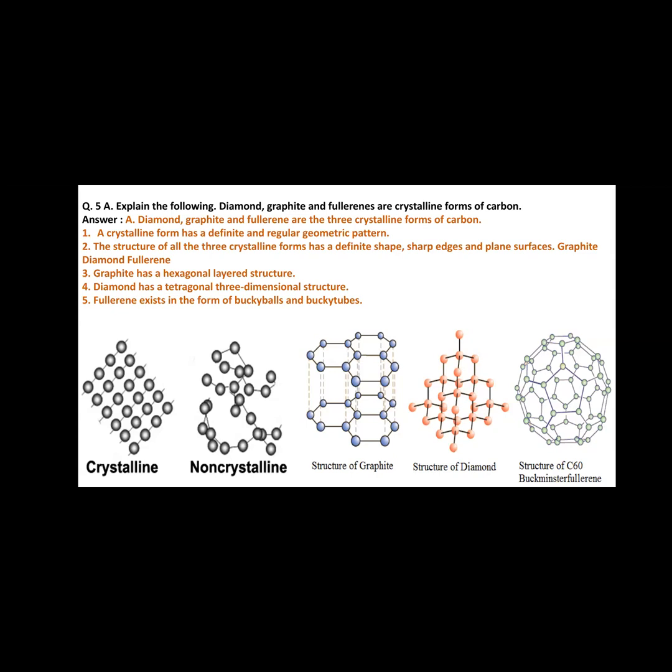The structure of graphite also has a regular arrangement of atoms. Similarly, diamond has a regular arrangement of atoms, and buckyballs, that is Buckminsterfullerenes, also have a regular arrangement of atoms. So this regular arrangement makes graphite, diamond, and fullerenes crystalline forms of carbon.